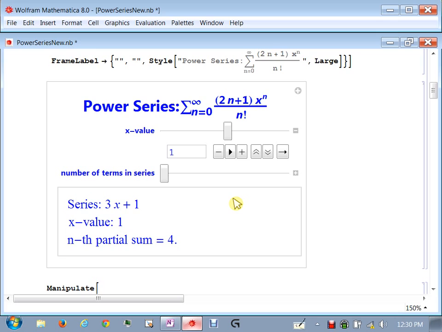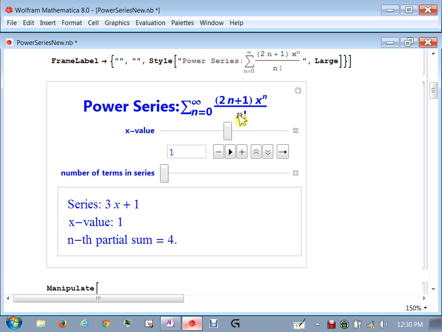These are the actual terms I'm going to add up. So if I plug in x equals 1 right now, then 1 to the n is 1, right? So this just becomes 2n plus 1 over n factorial. If we start at n equals 0, what would you get?